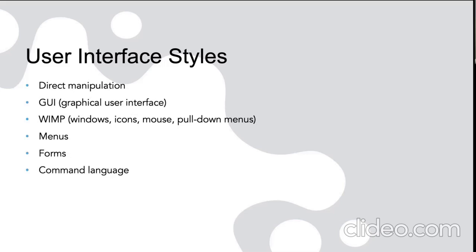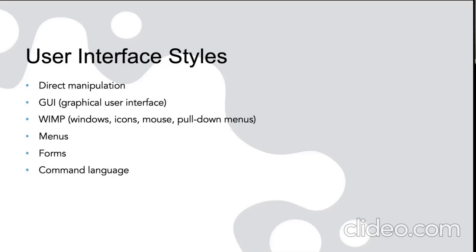Next, graphical user interface, as discussed in the previous slide, it employs graphical elements such as buttons, etc. Like GUI make computing more visually intuitive, so that instead of text commands, the user can interact directly. And WIMP is an acronym that is used for Windows, icons, mouse, pull down menus.